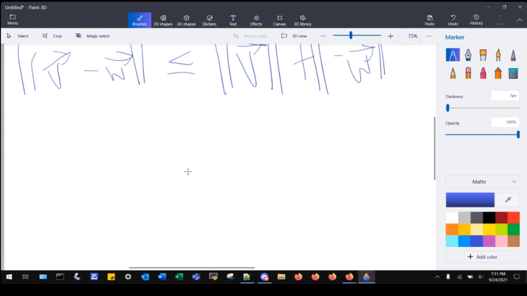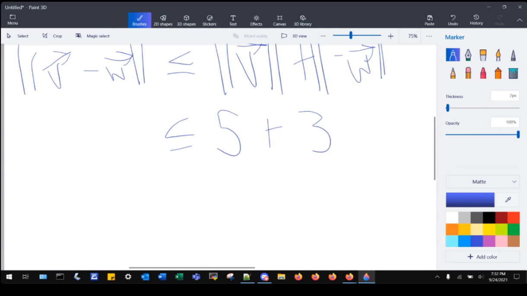Which means the magnitude of v minus w is less than or equal to, well, the magnitude of v is 3, right? No, it's 5, and if w has a magnitude of 3, negative w must also have a magnitude of 3.